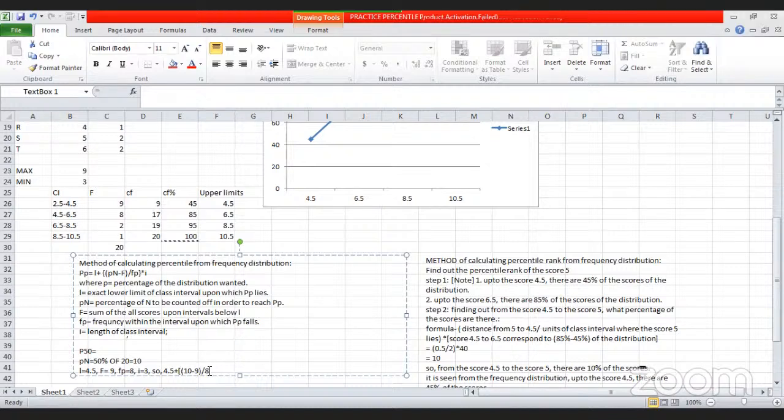Whole should be multiplied by i, that is 3.